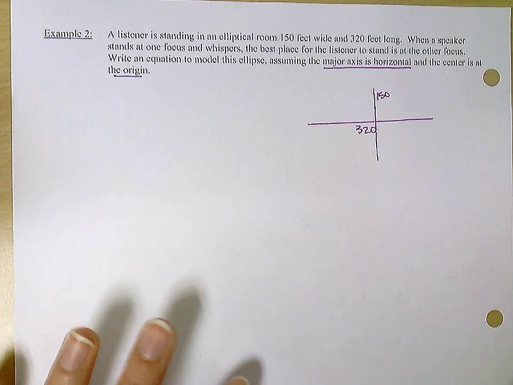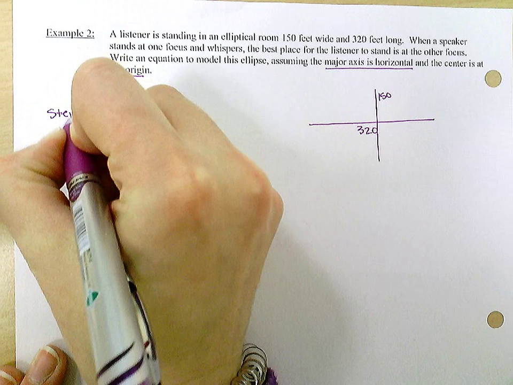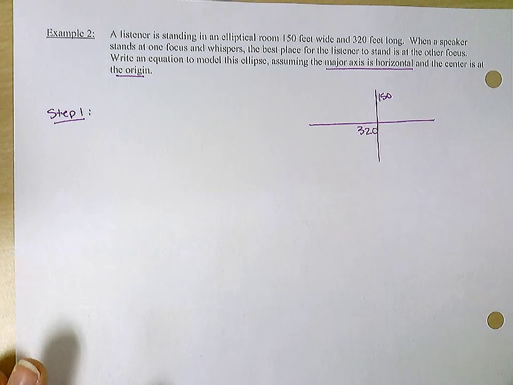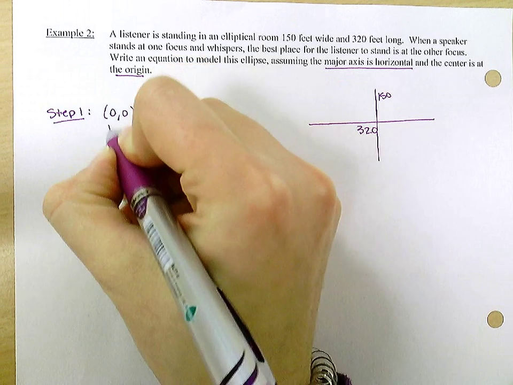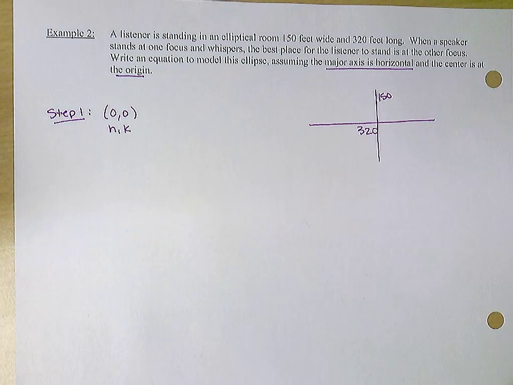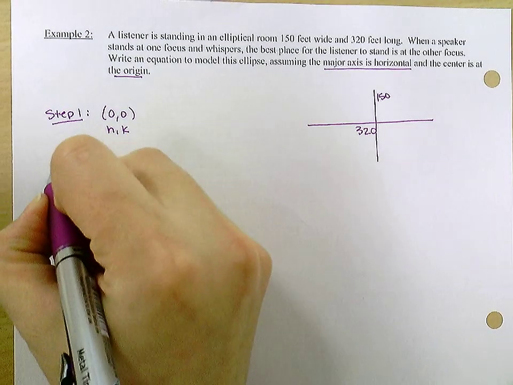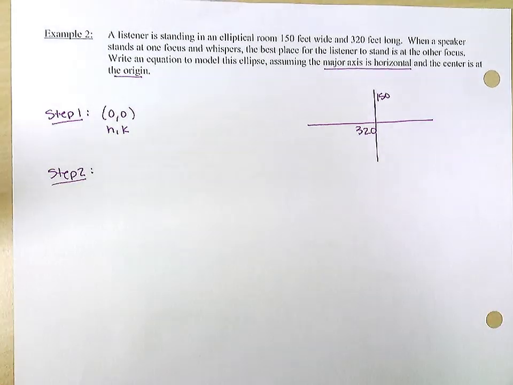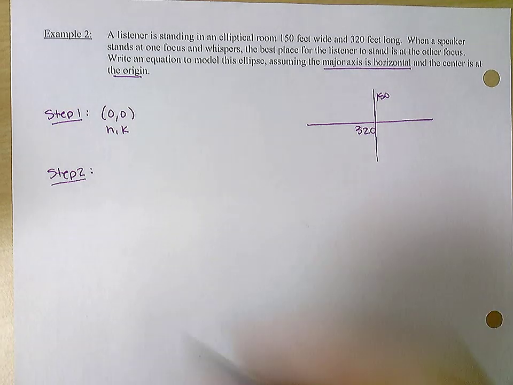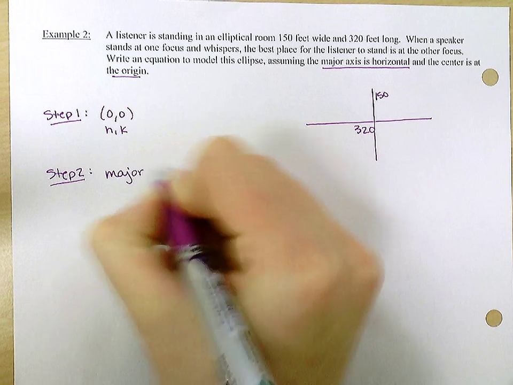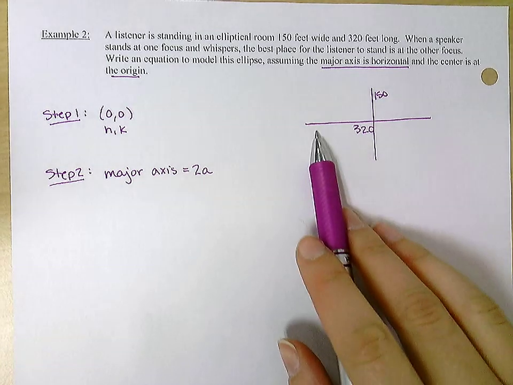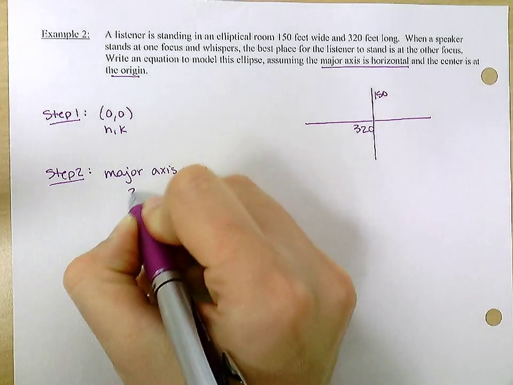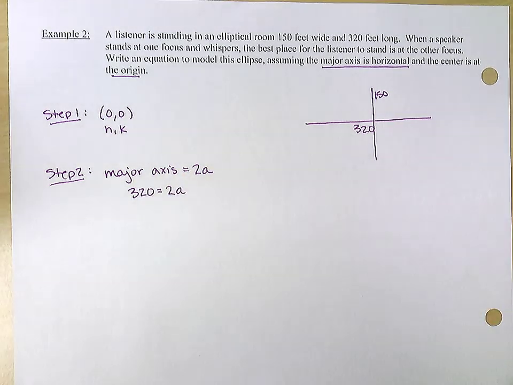Okay, so we're going to go through the same process. Step 1 is the center. It said the center was at the origin. What is your center coordinate then? So that's h and k. Step 2 is to find a. To find a, we're going to use the major axis. Major axis is 320, and you're going to divide that by 2.